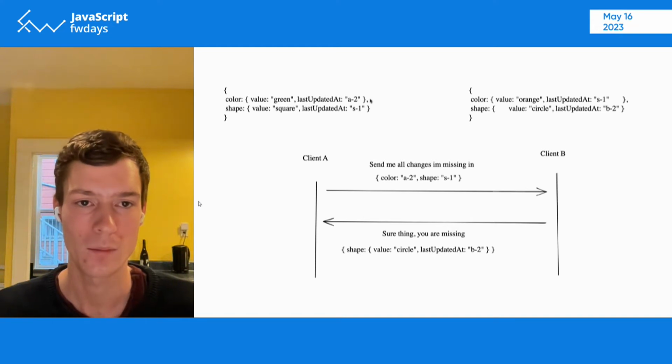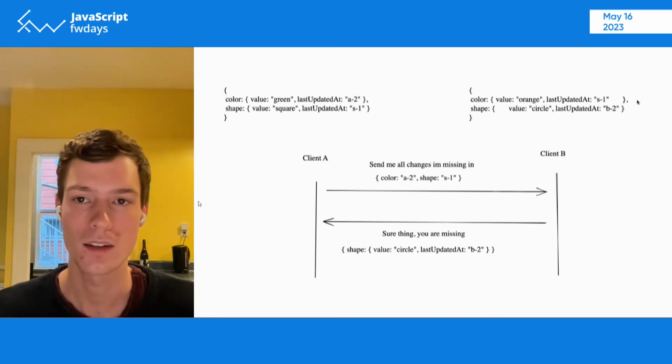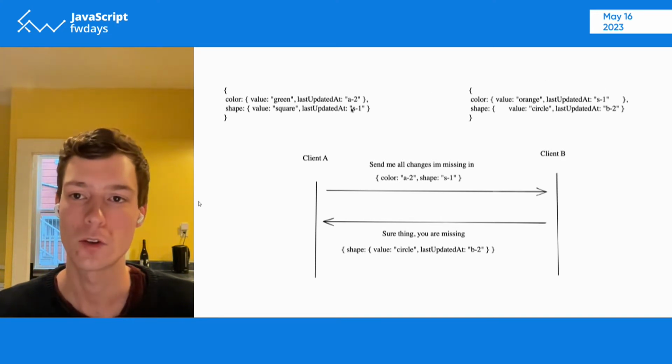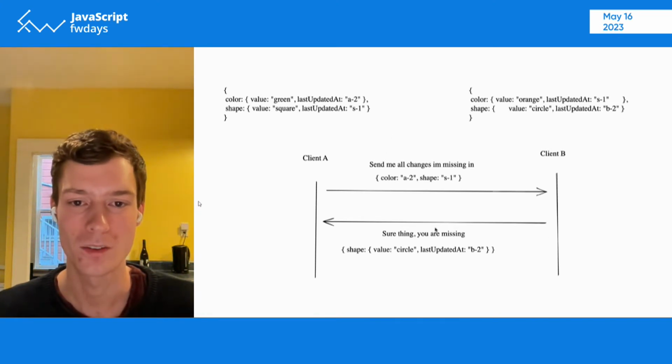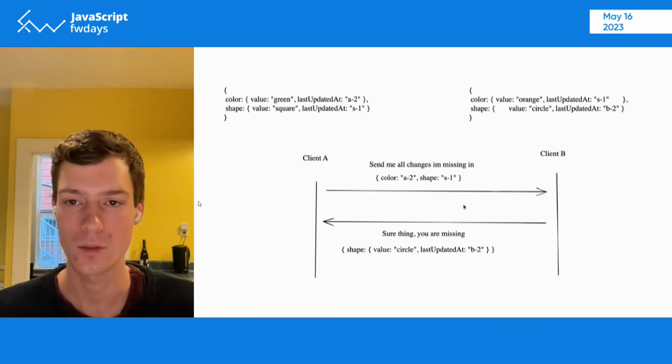So color, timestamp A2, shape, timestamp S1. The other client checks, yeah, for color you have a newer thing, so I won't send anything over. But for shape, I actually have a change that happened afterwards, so I'm going to send that over, and then you can build really, really efficient protocols around that are highly resilient.